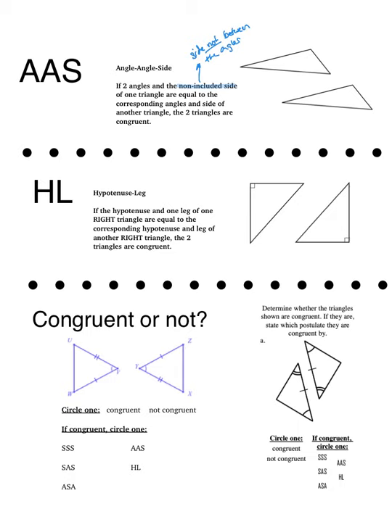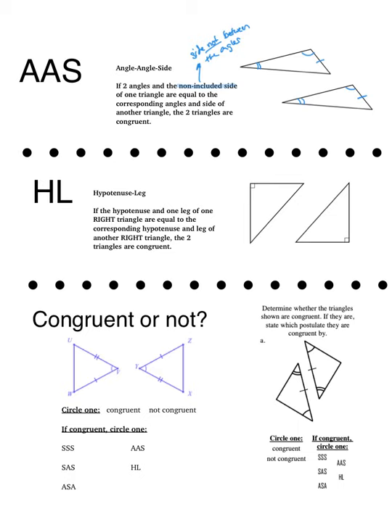So I'm going to say this angle is congruent to this angle. This angle is congruent to this angle. And this side's congruent to this side. Okay, angle, angle, side. The sides are not between the angles.